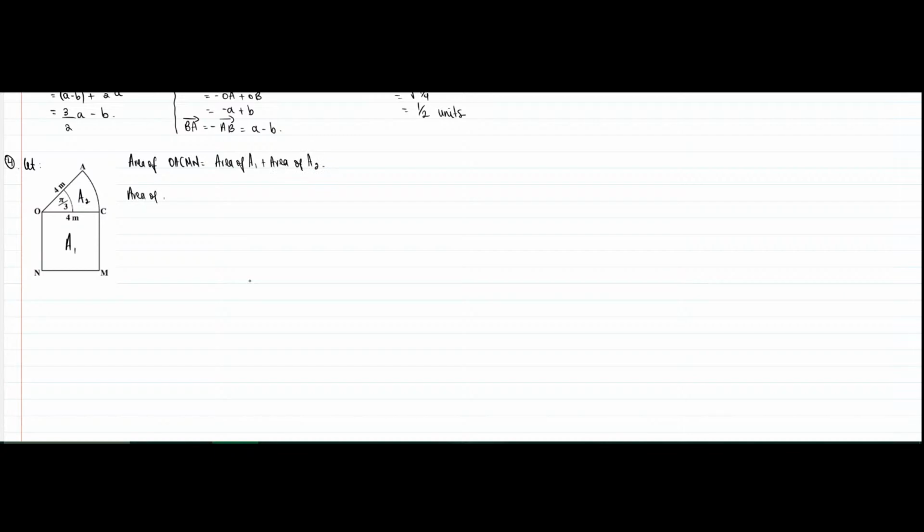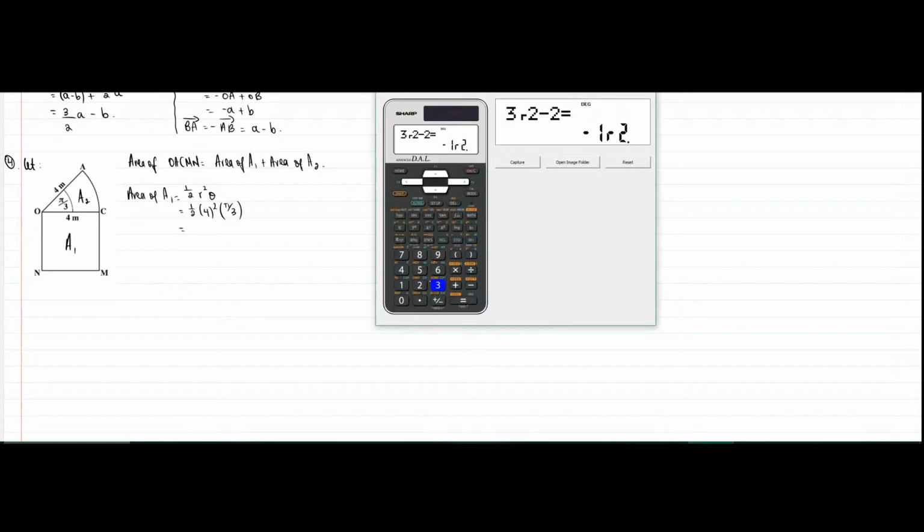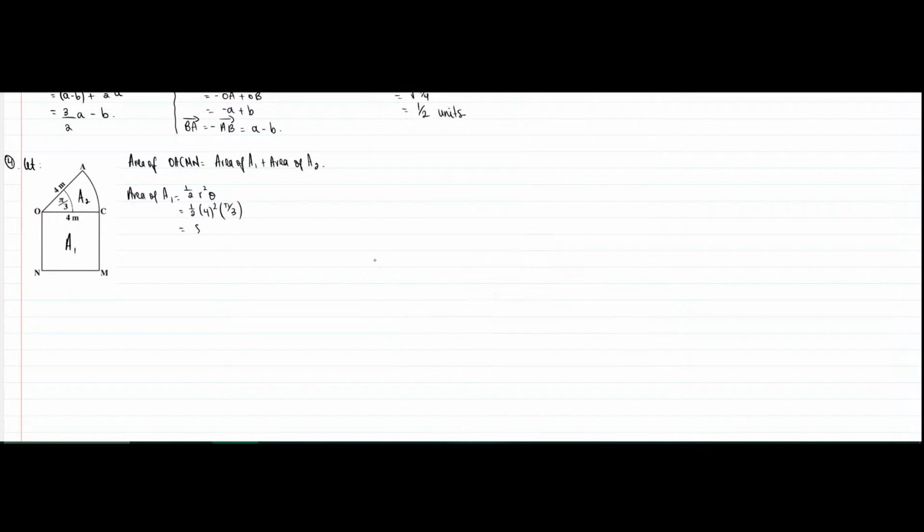The area of A1 is a half r squared theta, a half 4 squared pi on 3. A half of 16 is 8. You don't have to jump on your calculator. 8 pi on 3 meters squared.